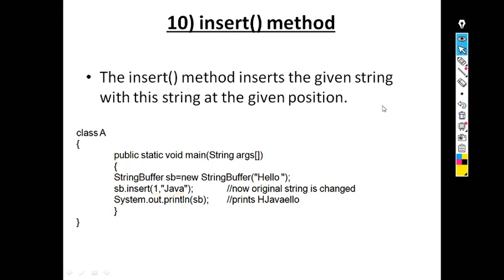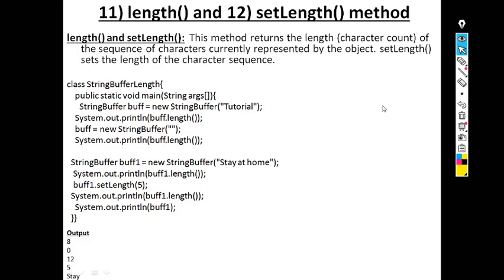So next is the length and setLength method. I already talked about setLength previously. The length method returns the length, meaning the character count of the StringBuffer object, and setLength will change the length of the StringBuffer object.